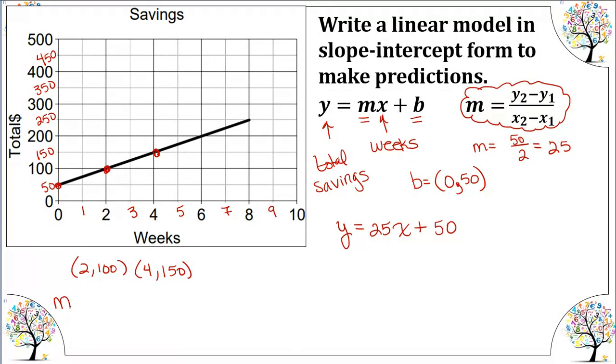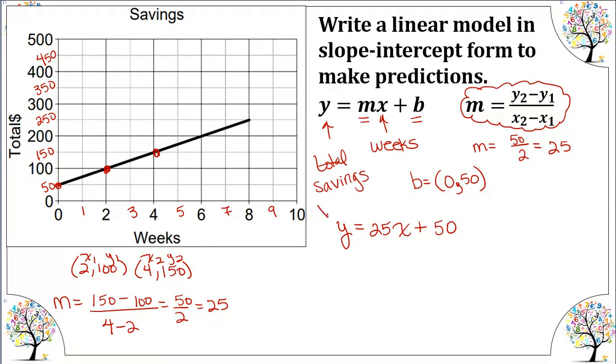So slope is going to be y2, the second y value, 150, minus y1, 100, over 4 minus 2. This gives us 50 over 2, which confirms our slope of 25.